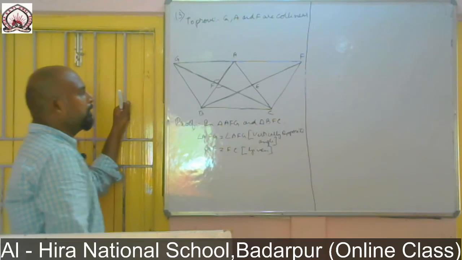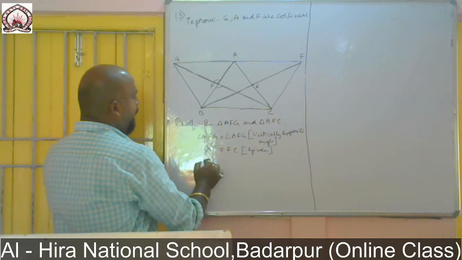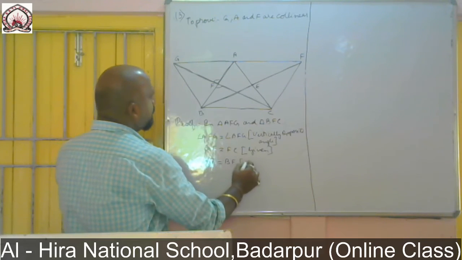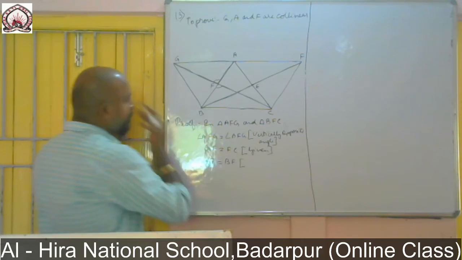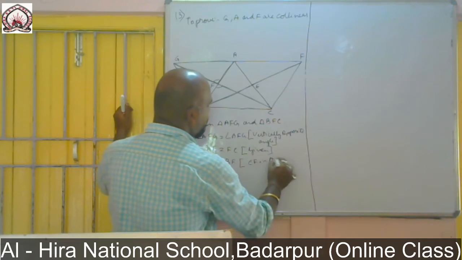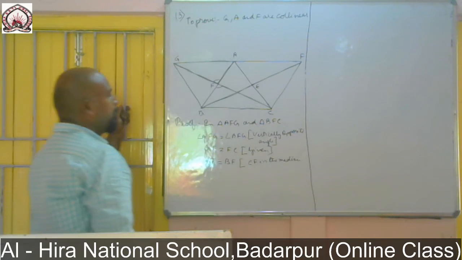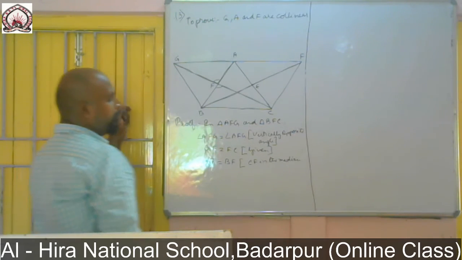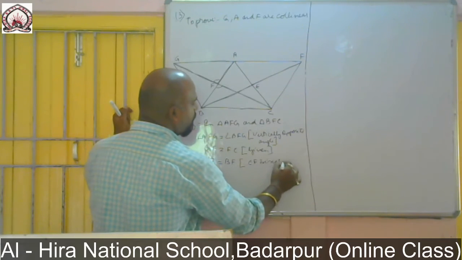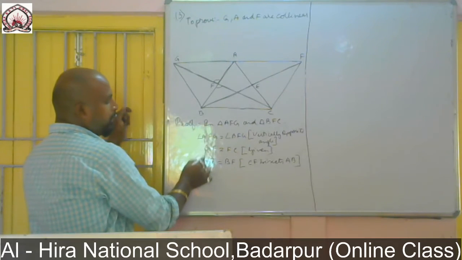Now AF is equal to BF, since CF is the median. CF is the median. Because CF bisects AB.